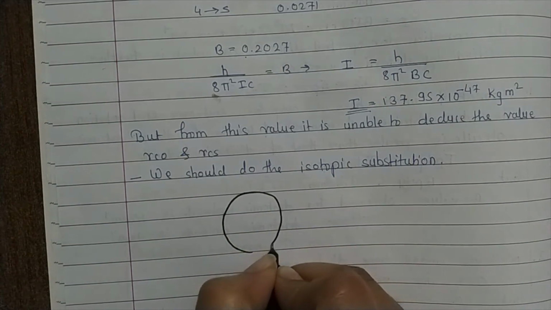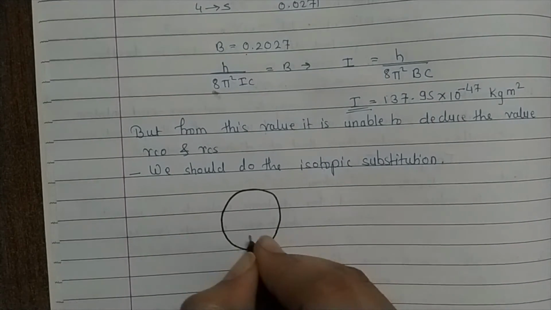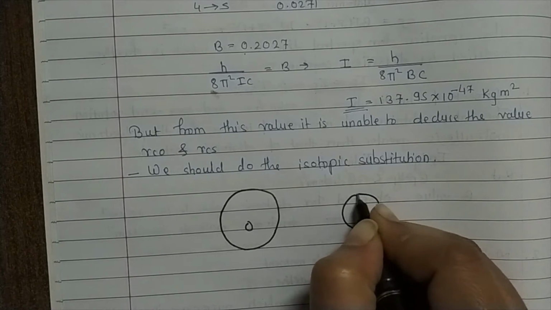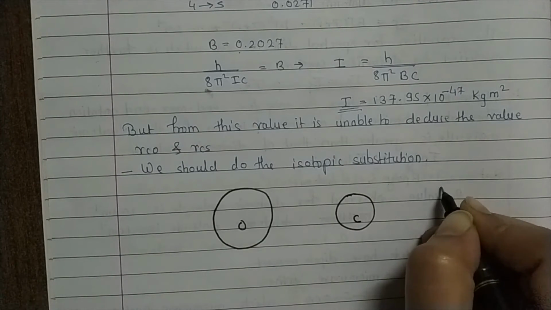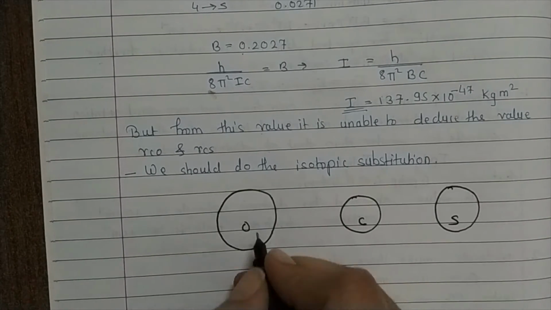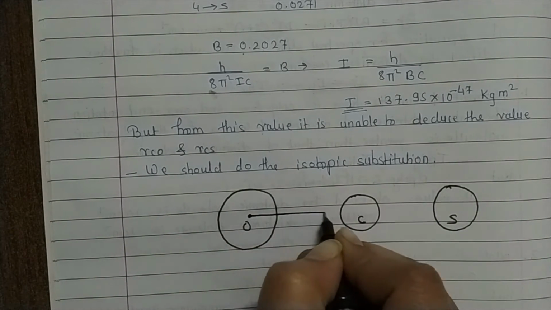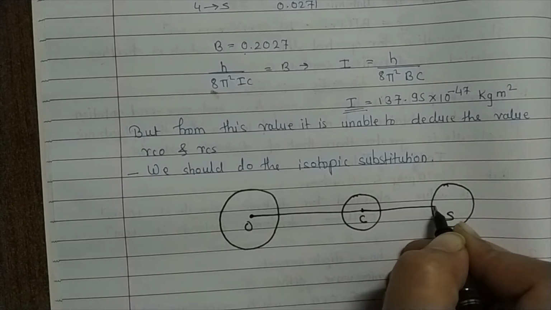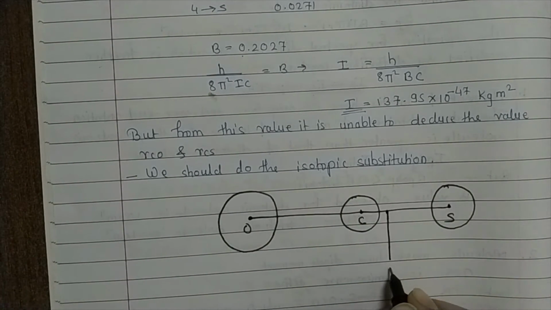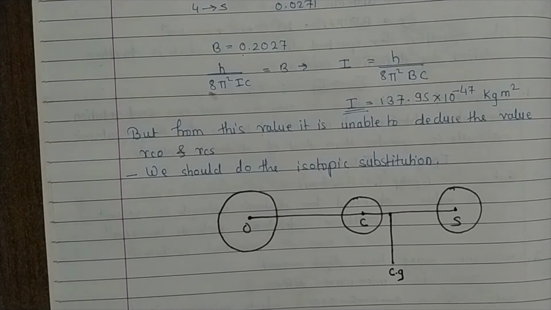See, this is the atom of oxygen. This is for the carbon, and this is for the sulfur. So see student, these are the internuclear distances. Imagine that here is your center of gravity.